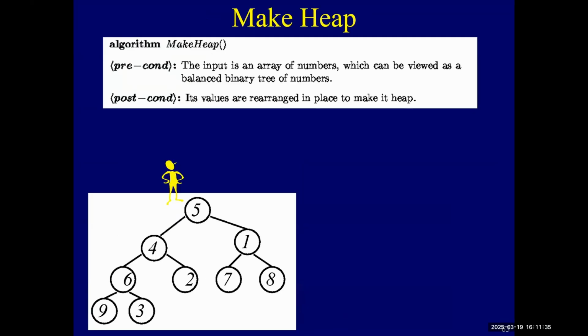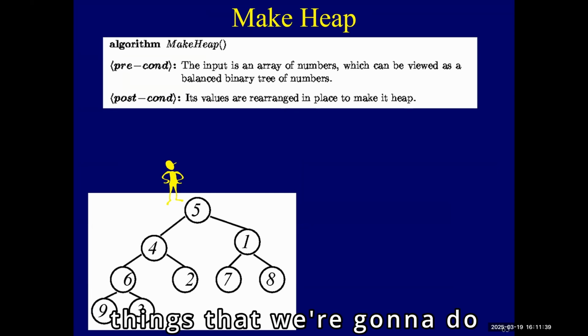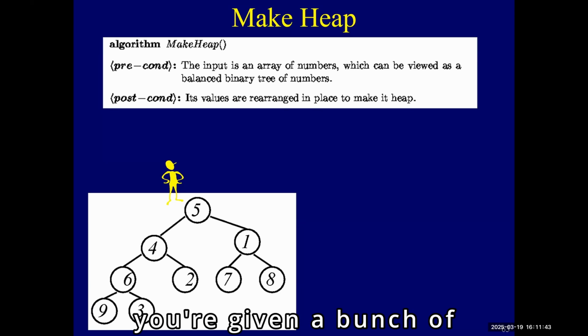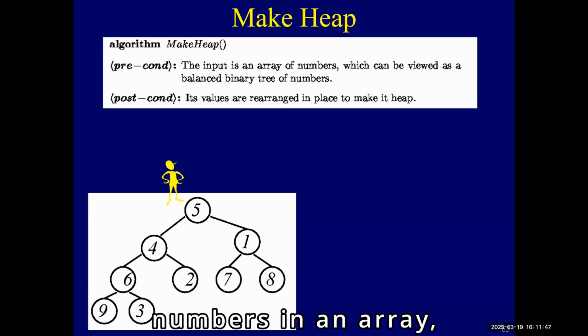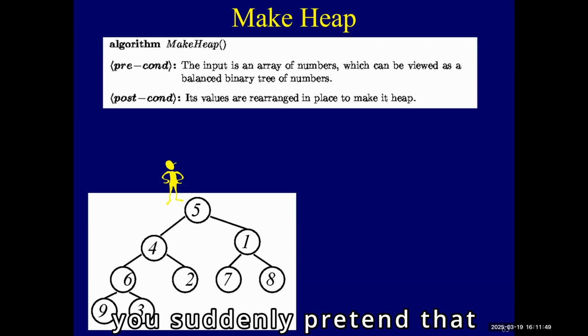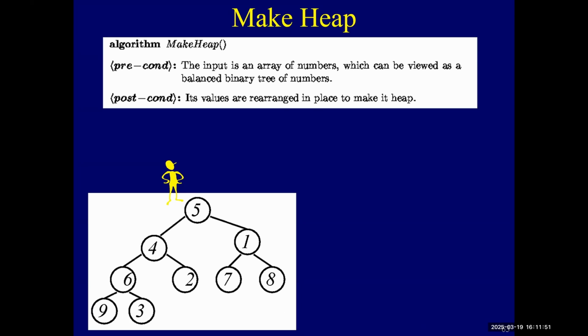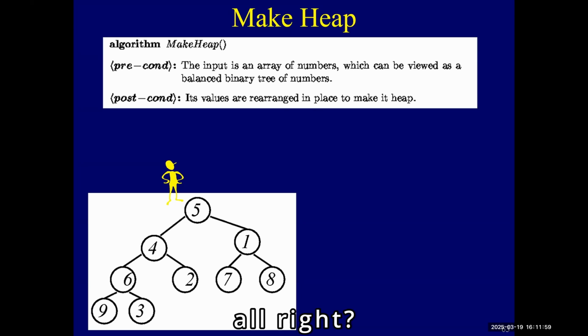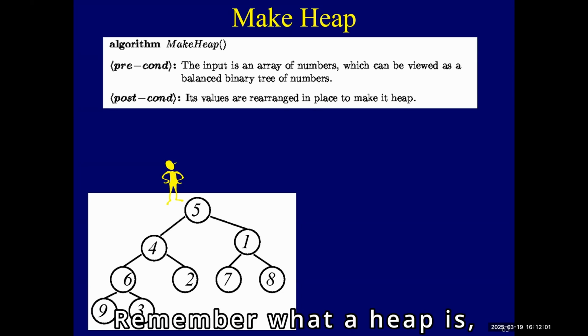All right. So there are various things that we're going to do, and the one is you're given a bunch of numbers in an array. You suddenly pretend that it's in a tree, and we want to rearrange the numbers to make it into a heap. Remember what a heap is.